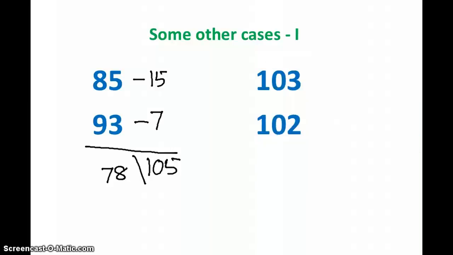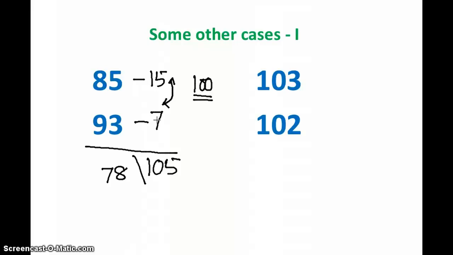If you remember, I told you our base here is 100. That means on the right-hand side, whenever we multiply these two numbers, we should get a number of 2 digits. It cannot be less than 2 digits or more than 2 digits.